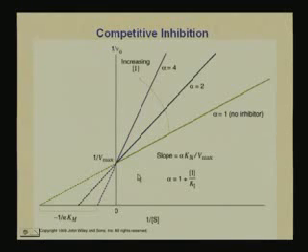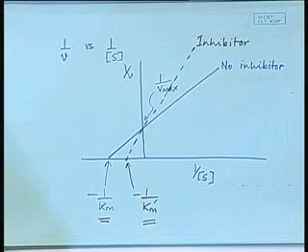for competitive inhibition. Now, we are going to look at a different type of inhibition. So, what are the features of competitive inhibition? The features of competitive inhibition are that the enzyme-substrate complex is formed, and the inhibitor is competing for the same site, right? In the event of this, what is happening? The Vmax is the same.